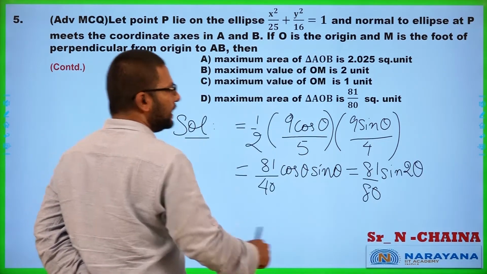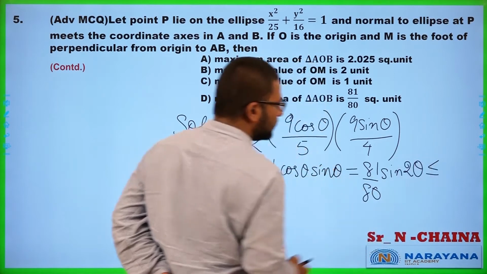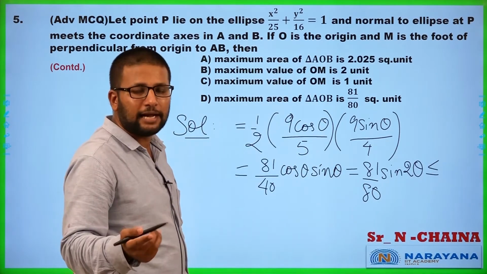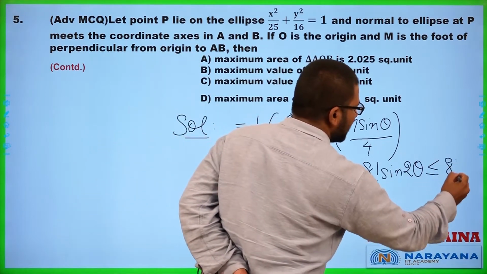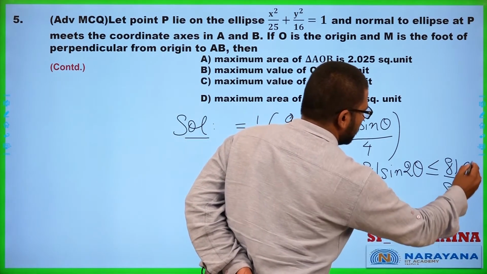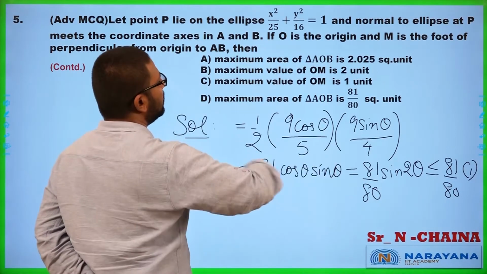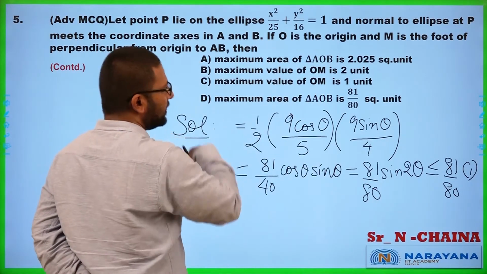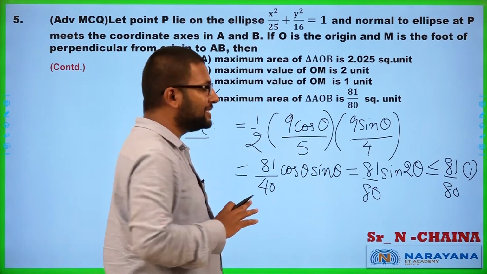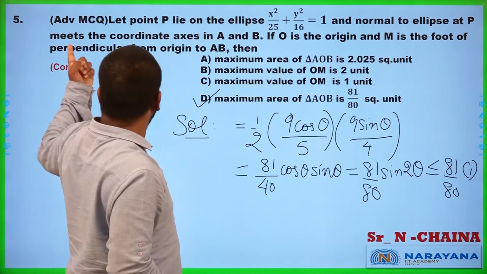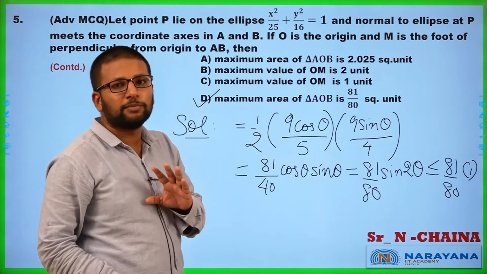That is less than or equal to 81 by 80 into 1, as the maximum value of sin 2 theta is 1. So the maximum area of triangle AOB is 81 by 80 square units. So this is right. But this is an advanced MCQ, which means more than one option could be correct.